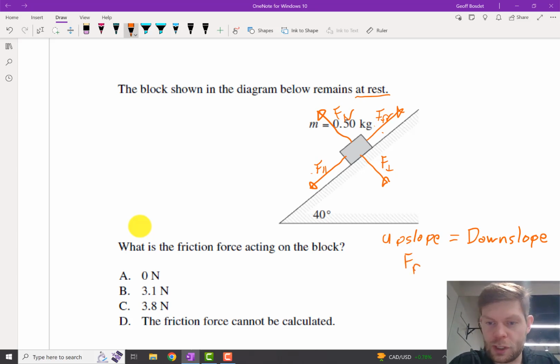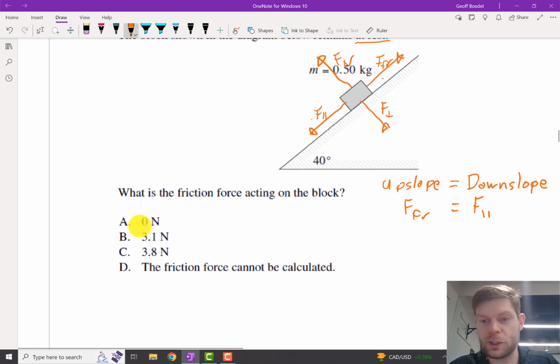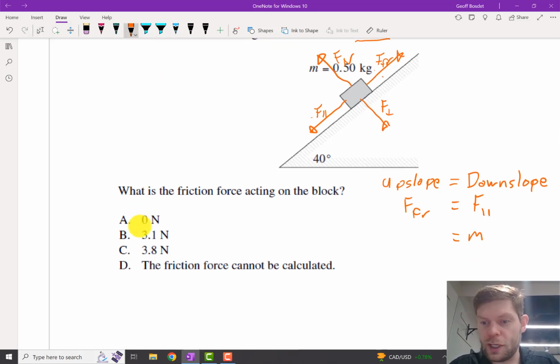We got force of friction equals F parallel, because our upslope has to cancel with our down, otherwise it'd be accelerating either upslope or down, which is equal to mg sine theta, which is equal to 0.5 times 9.8 times sine of 40.